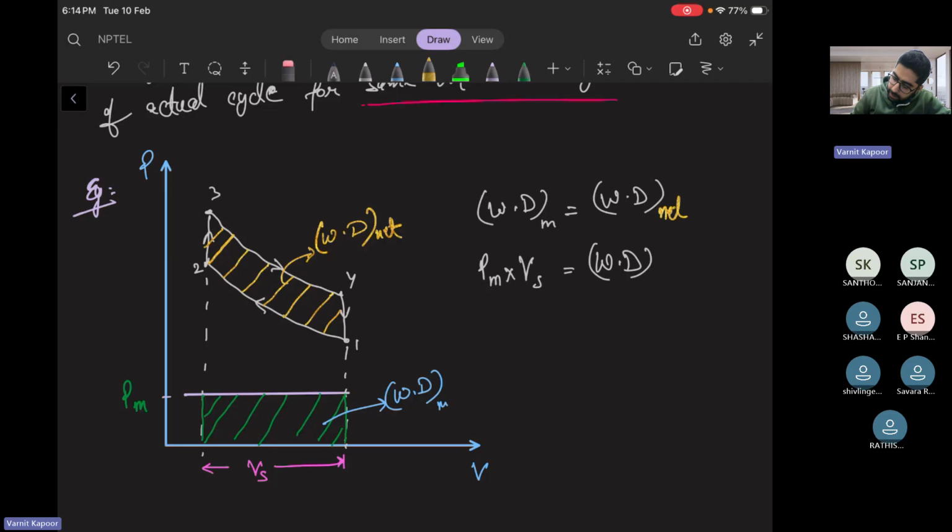I can write here net, here also net. So work done net is nothing but the work done by the actual cycle, and work done M is nothing but the work done by the imaginary cycle, for the mean effective pressure, which is a constant value. So this is our final expression for the mean effective pressure.